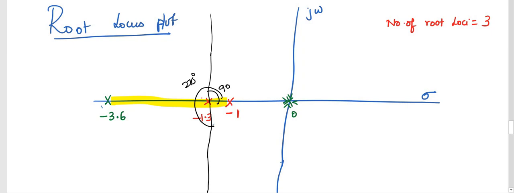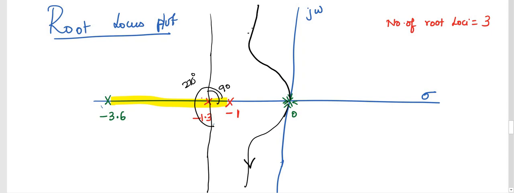After finishing this, I have to mark the root loci. See here, this is the root loci, and this is the root loci. It does not cross the imaginary axis, starting from 0 and ending at open loop infinity.